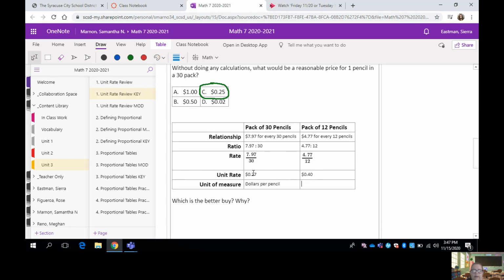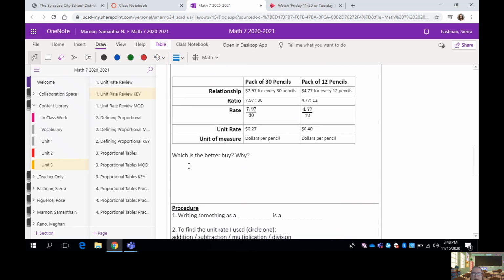So we figured out our unit rate. This is per one pencil. Even though I was saying 27 cents and 40 cents, I kind of wrote that in dollar form. So it's $0.27, $0.40. So our units should be dollars per pencil.